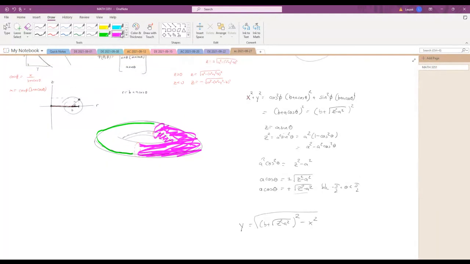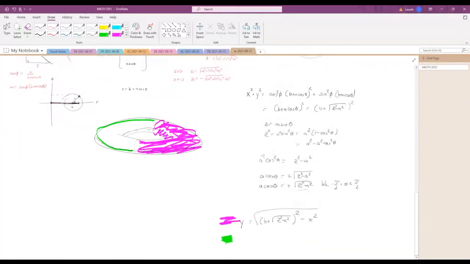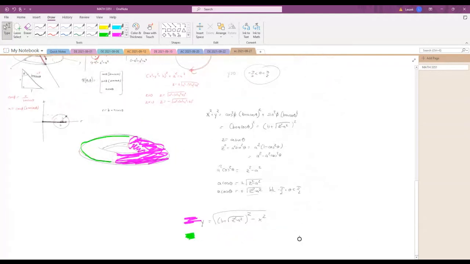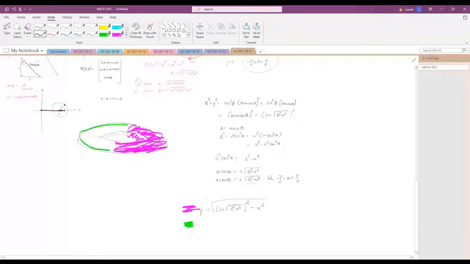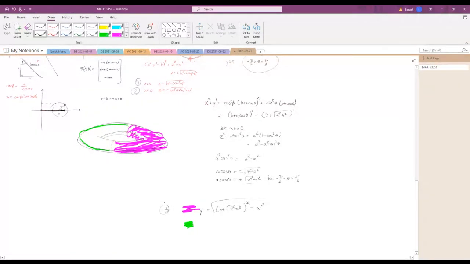So this is the purple patch. This is the green patch. And that's just upper hemisphere. Well, no, the upper and lower hemisphere, I should definitely be more clear. This is the upper part of the donut, the lower part of the donut. This is the right-hand side of the donut, covering just the outside equator.